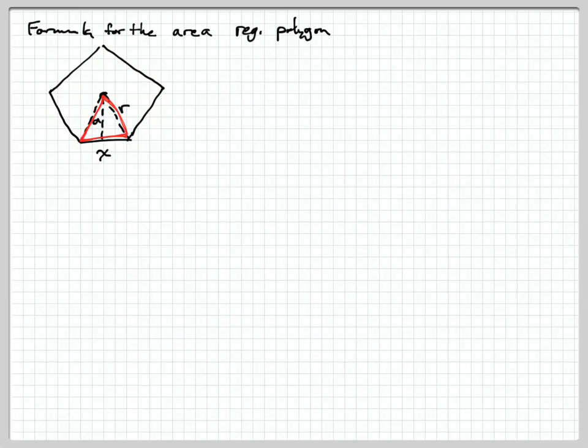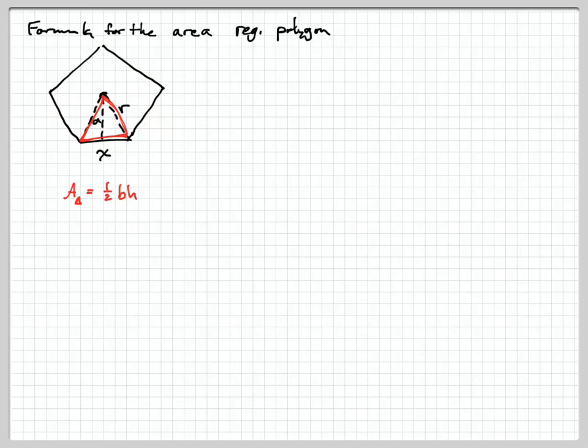Now, can we just find the area of that triangle and then multiply by 5? Yeah, we can. That's how you would find the area of this whole shape, this pentagon. The area of a triangle is 1/2 times base times height.